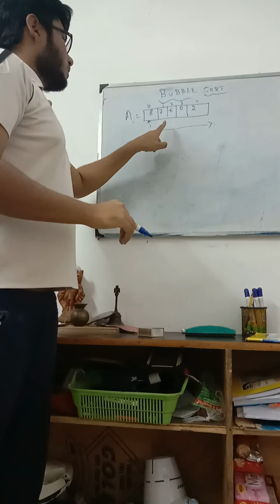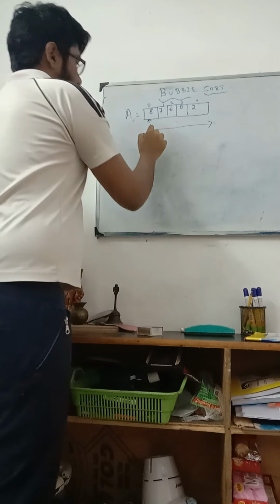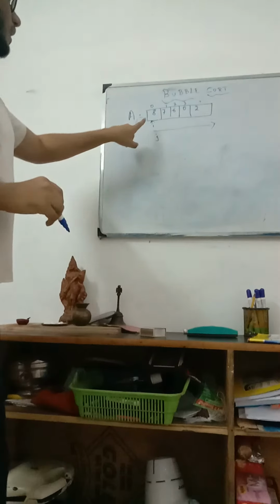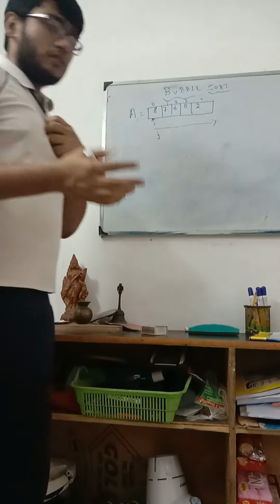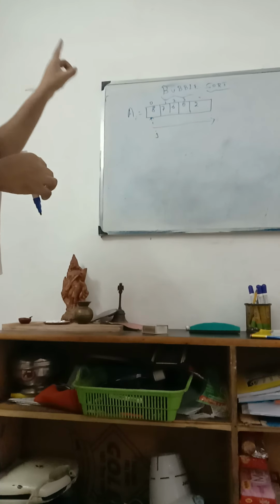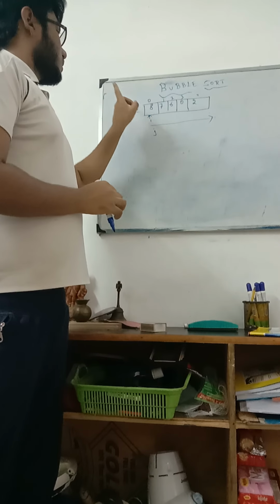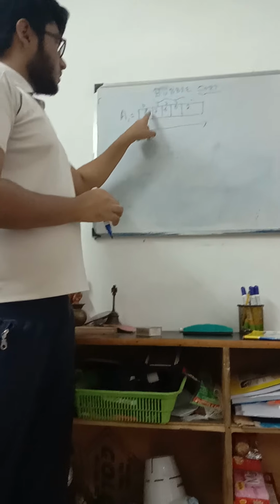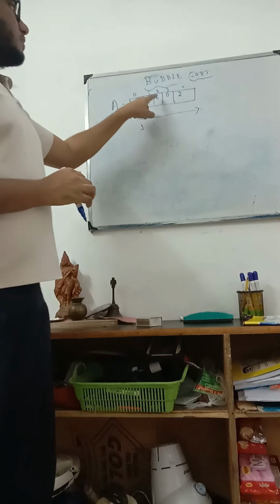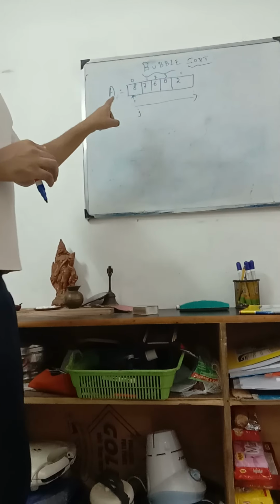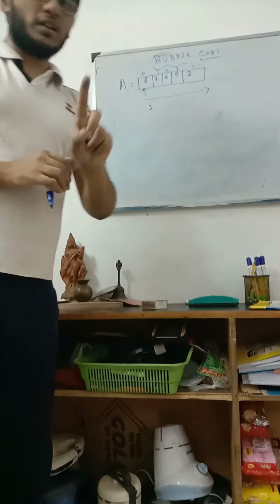For each iteration we take a variable j which helps us compare two elements in the array. In the first iteration it compares the first two elements, then the second and third, then the third and fourth, and this whole process is one iteration.